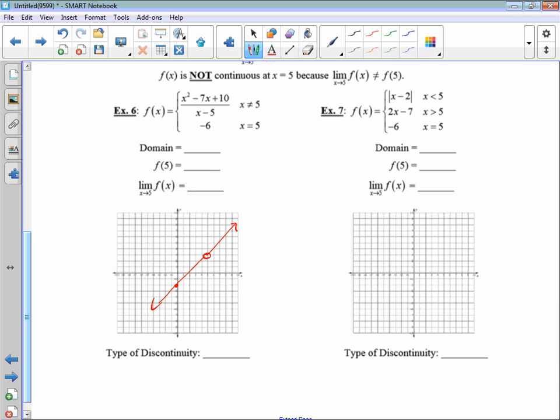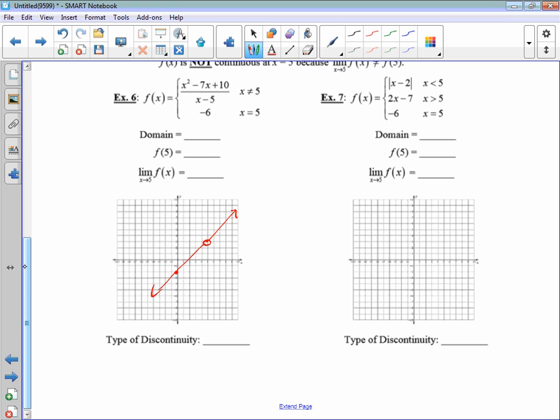So that's the first piece of my piecewise. What do I do with that negative 6 when x equals 5? What does that mean? Put a dot, at x equals 5, comma, negative 6.